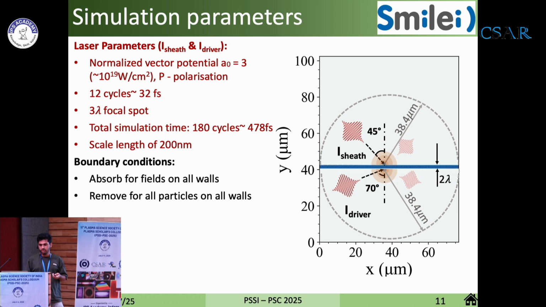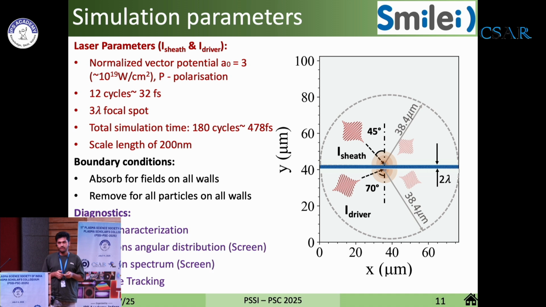The boundary condition is to absorb all the fields on all the boundaries and to remove all the particles once they reach the boundary. Next, for diagnostics, we need to characterize the sheath. We need to characterize the angular distribution of the electrons, where they are going and what their energies are. And then we also need to track the particles so that we can understand how the particles behave in this interaction.